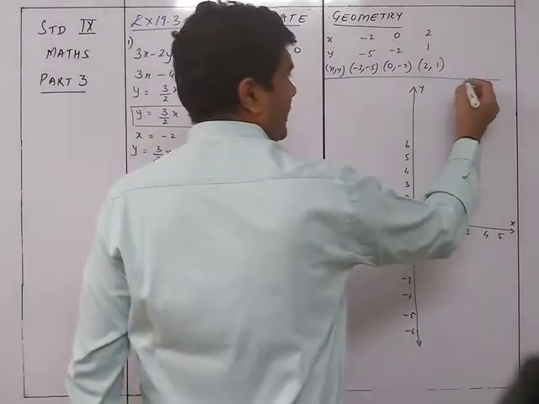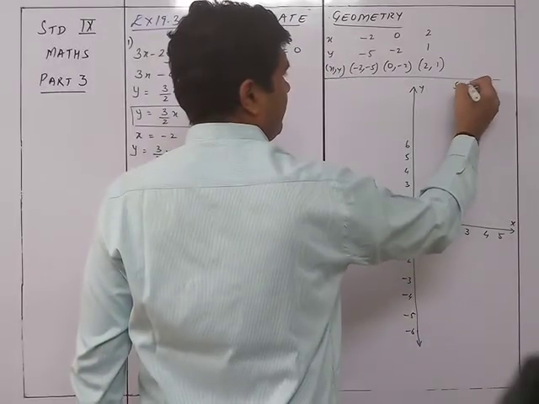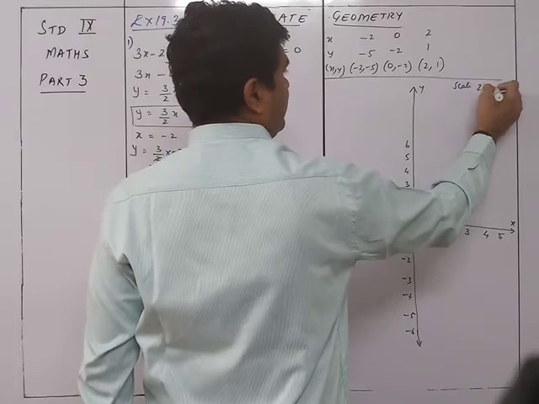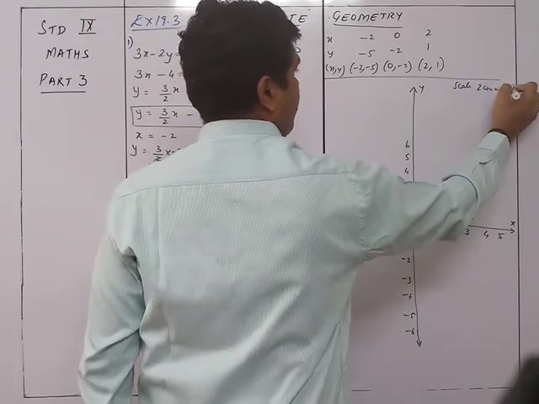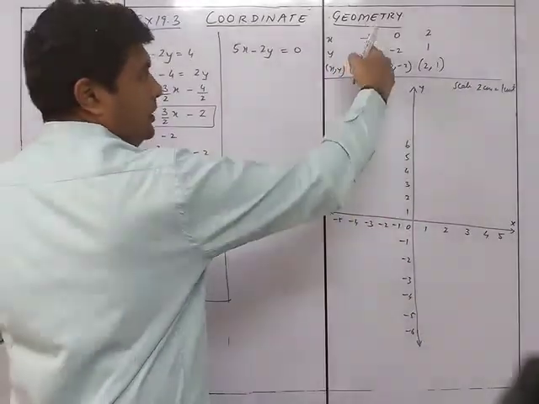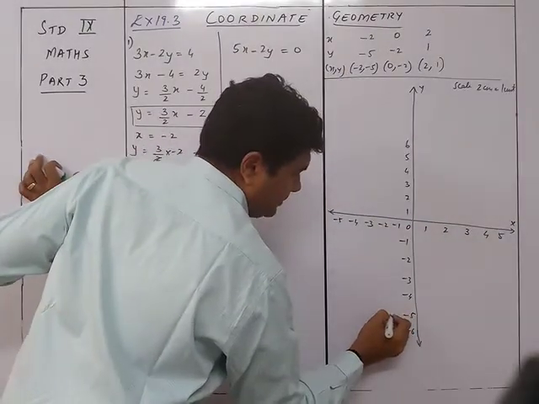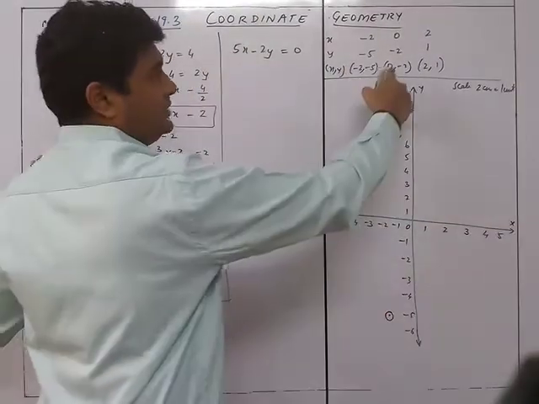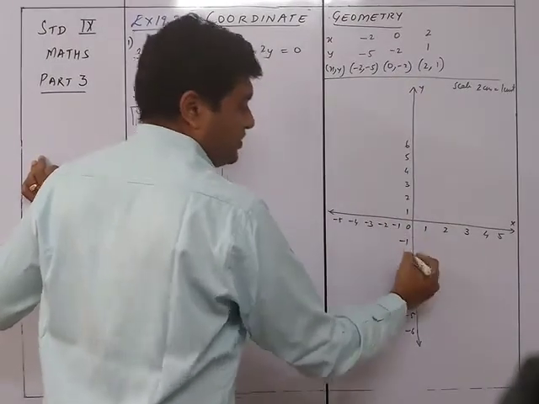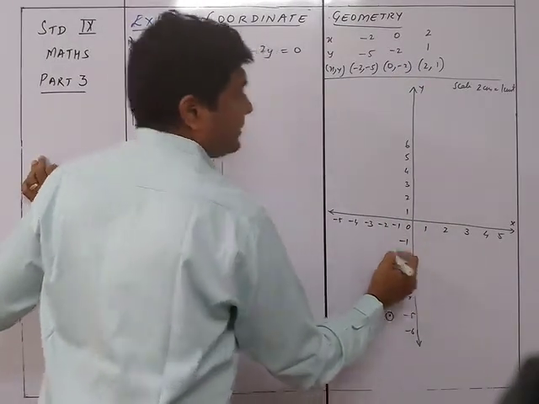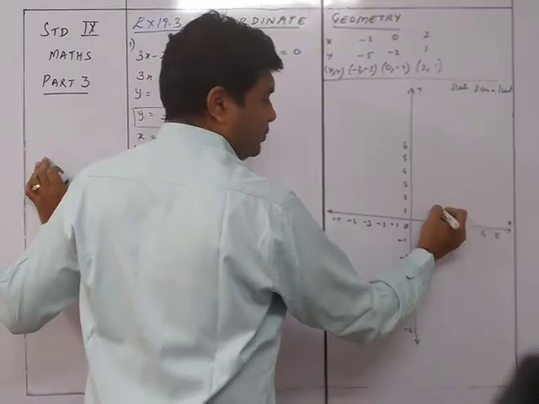Okay. We have got the scale: 2 centimeter is equal to 1 unit. Minus 2, minus 5 is over here. 0 and minus 2 will be here, and 2 comma 1 will be over here.